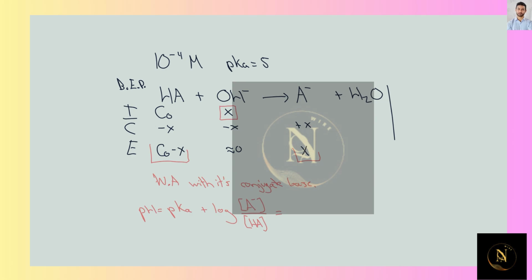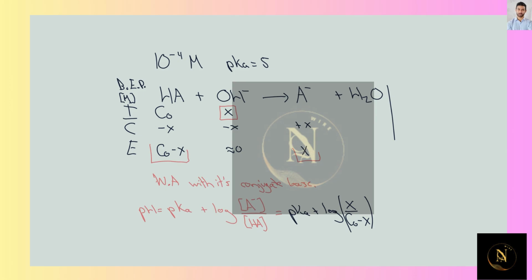Since I consider this to be x, and remember, all of this is in terms of molarity, pH is equal to pKa plus the logarithm of x over C0 minus x.